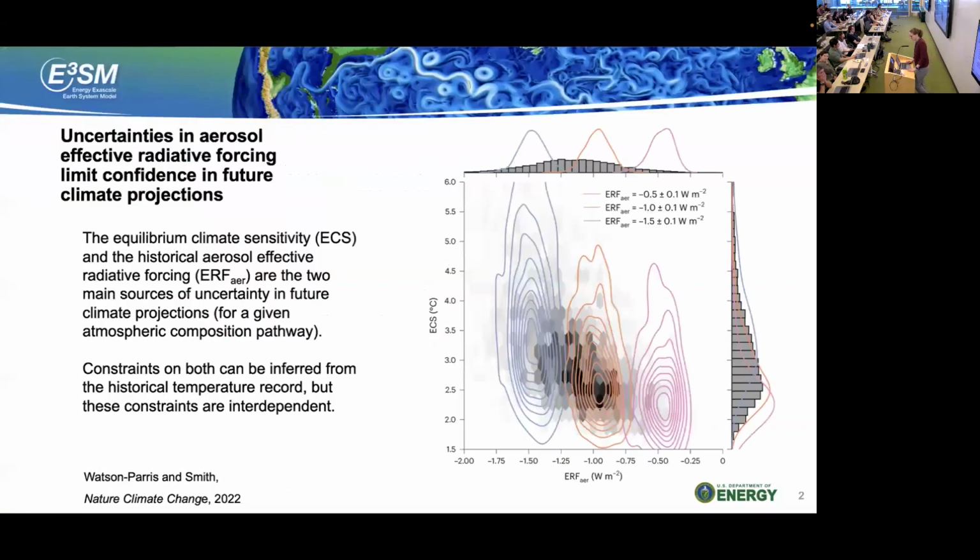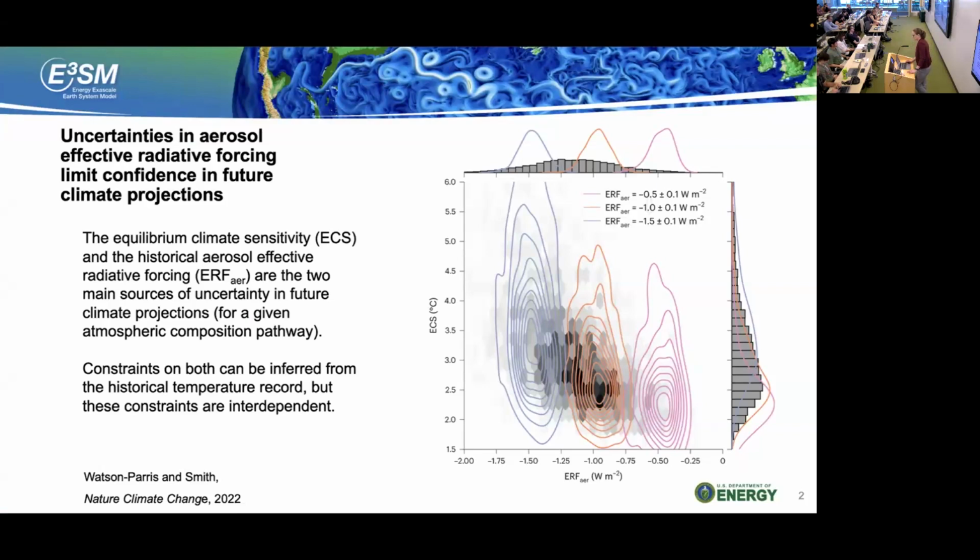So a little bit of background as to what we are really looking at here. The aerosols, as many of you are probably aware, are one of the major radiative forcers of climate, and humans have emitted a lot of aerosol species over the last 150 years that contribute a significant amount of uncertainty to historical climate change.